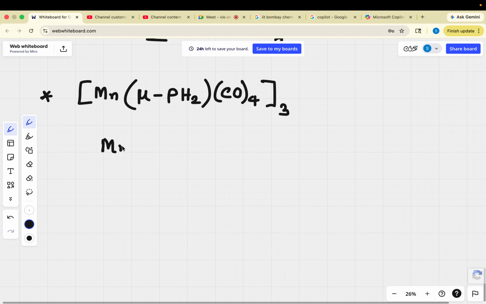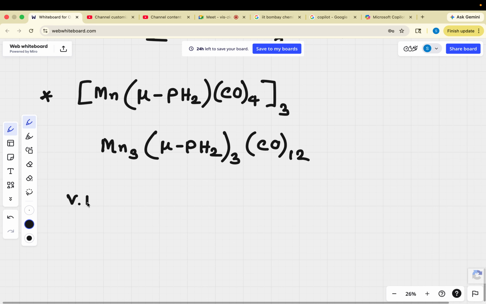So 3 manganese you have, then mu PH2 whole 3, and this one will be CO whole 12, right? Now for the valence electrons, manganese means how many electrons? Valence 7.